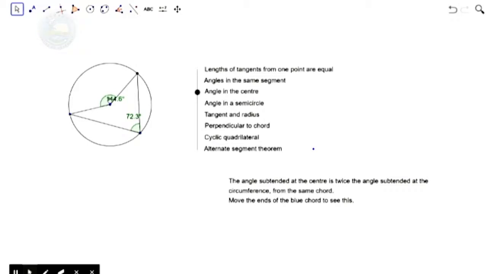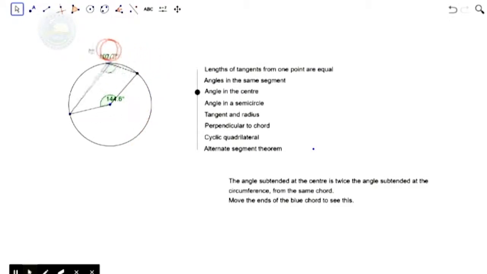This angle is the external angle of this shape, whereas this angle is the internal angle of the shape. So when it comes to the rule, it's important to realize that for the angle subtended by the chord at the center, we are measuring the angle on the outside of the shape. And then that angle on the outside will be equal to double the angle on the inside.